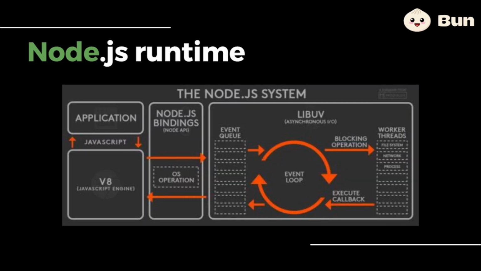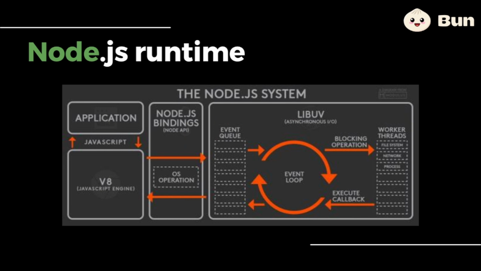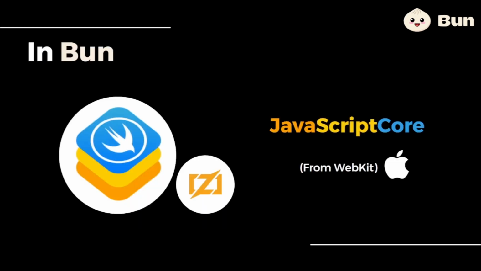In the Node.js runtime, Node.js binds the Chrome V8 JavaScript engine using the Node API, and the majority of what makes Node unique is the library called libuv. But we are not going to talk in detail about it. Now let's take a look at Bun.